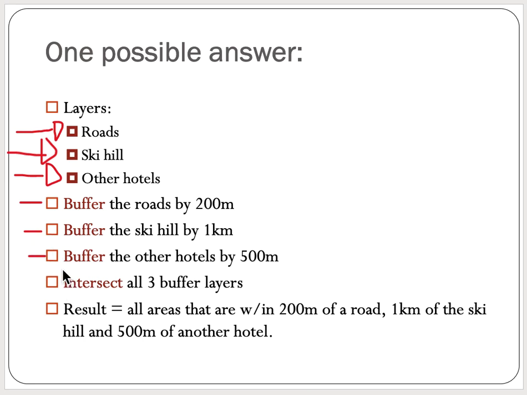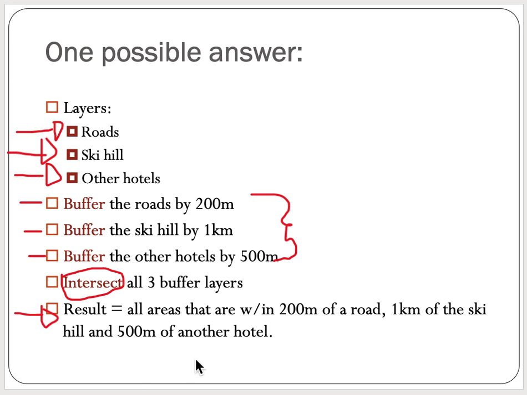And then lastly, you're going to use intersect for all of the 3 buffer layers. So where these 3 buffer layers intersect and show a common area, you'll have your final result. And your result are all areas that are within 200 meters of a road, 1 kilometer of the ski hill, and 500 meters of another hotel.